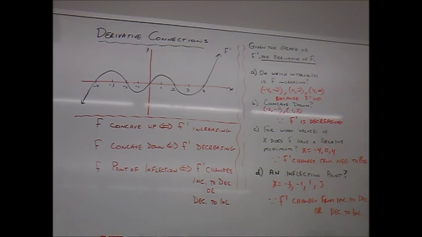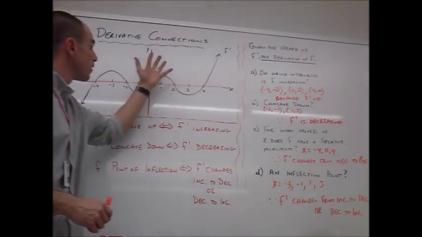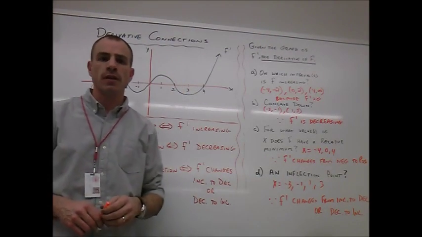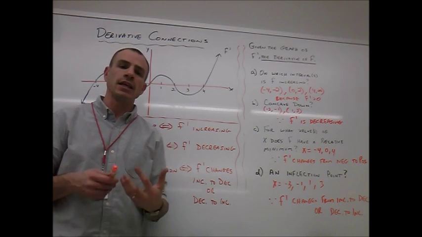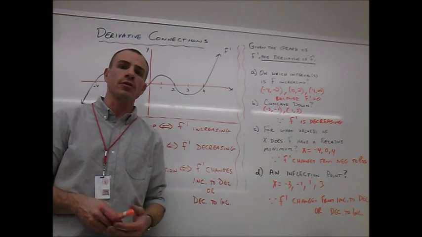Okay, so we can gather up all this information about the function based off of the data from the derivative of the function. And that's, again, a key thing that's going to come into play over and over, not only for the rest of this year, but also on the exam.